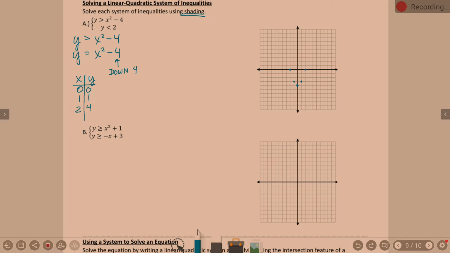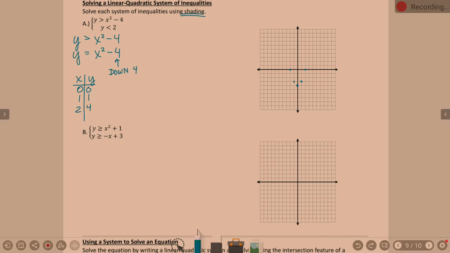Now, I would pause before you connect those, and think about what kind of questions we have to ask ourselves since we're working with inequalities. Where to shade, but before we talk about where to shade, there's another question. Do we use a dotted or solid line, or dashed or solid line?